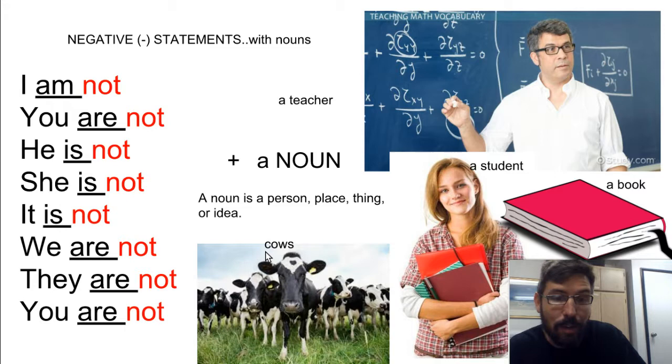I'm assuming that you are not a cow, right? You see this book right here? This book is not a pencil, right? It is a book. It is not a pencil. Okay, so again, with these be verbs, we can follow them with a noun.